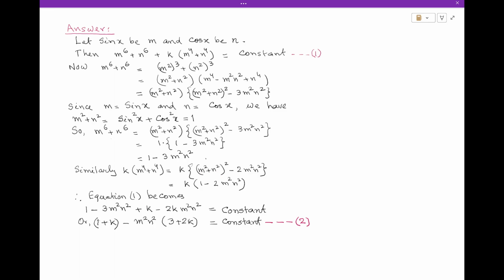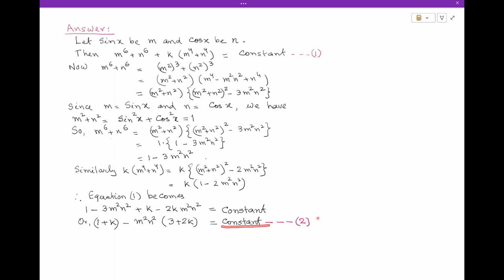Therefore, equation 1 becomes 1 minus 3m square n square plus k minus 2k m square n square is equal to a constant, or 1 plus k minus m square n square multiplied by within parenthesis 3 plus 2k, and that is equal to a constant.